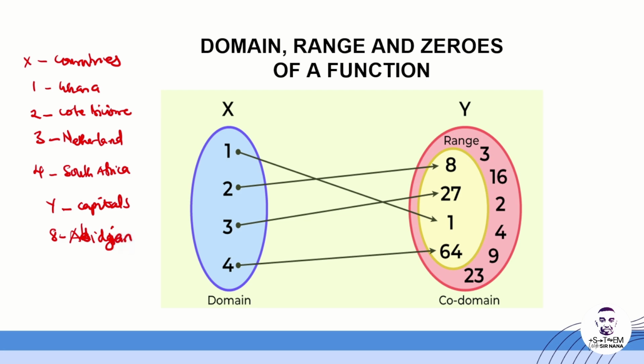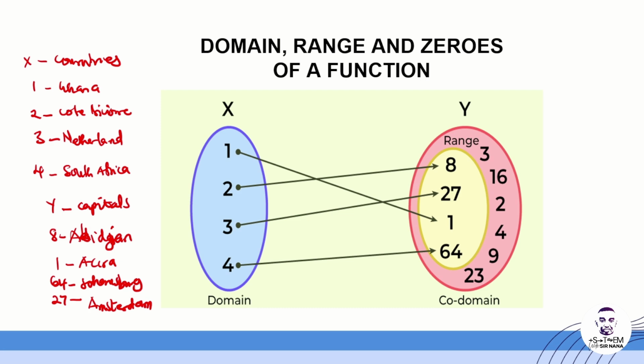And then we have the 1 going with 1 here, so the 1 in the Y would represent Accra. And then we have the 4, which is South Africa, so the 64 represents Johannesburg. And then we have the 3, which goes to the 27. The 27 represents the capital of Netherlands, which is Amsterdam. Very good.